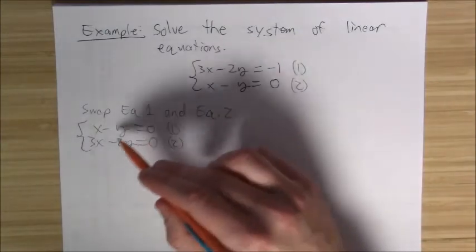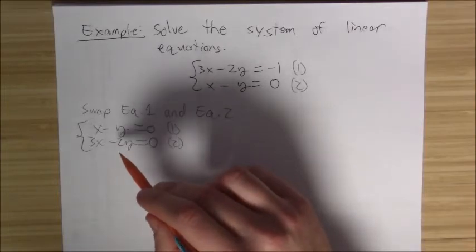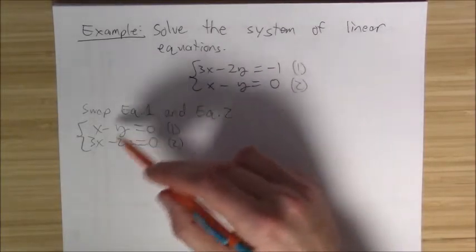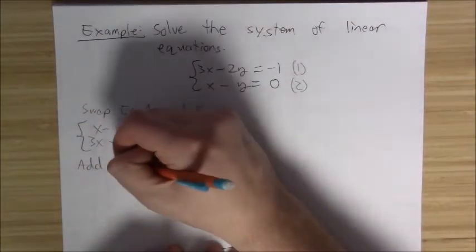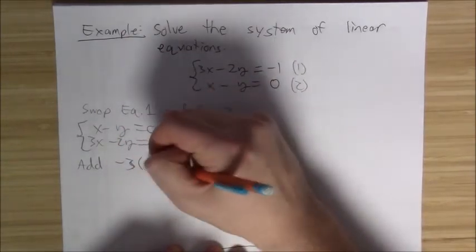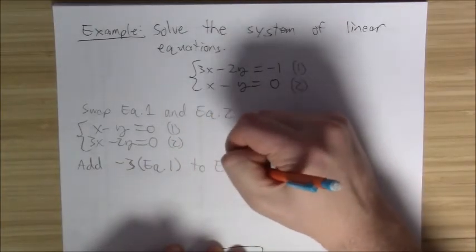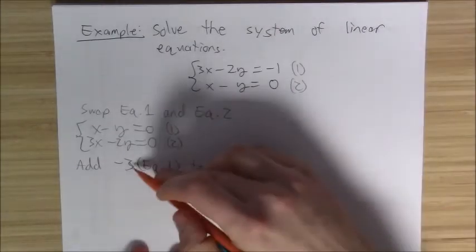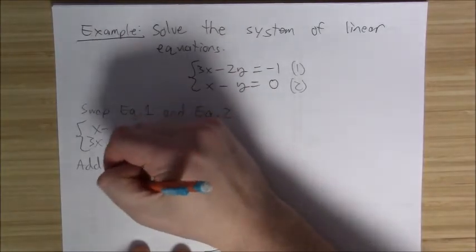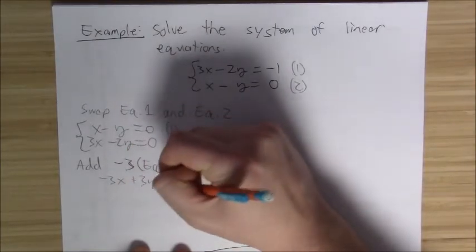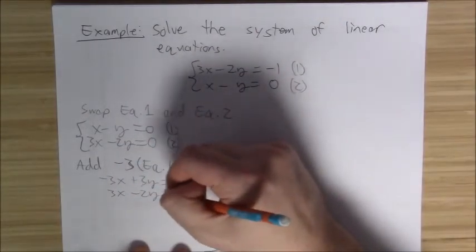Now we're going to multiply the first equation by negative 3 and add it to the second equation. So I'm going to write: add negative 3 times equation 1 to equation 2. That creates negative 3x plus 3y equals 0, and I'm adding that to 3x minus 2y equals 0.